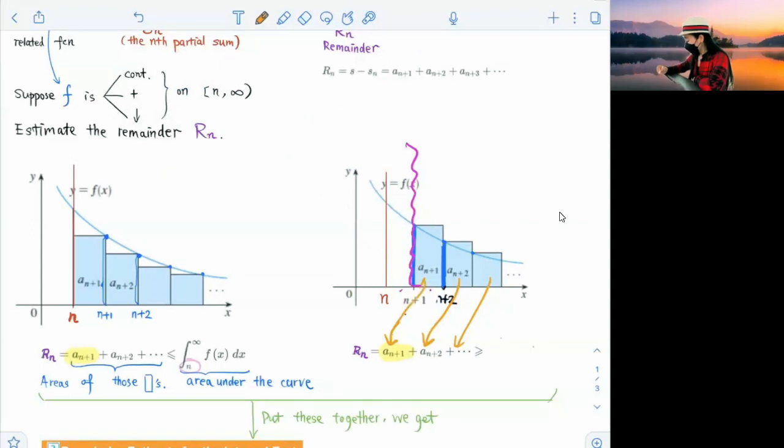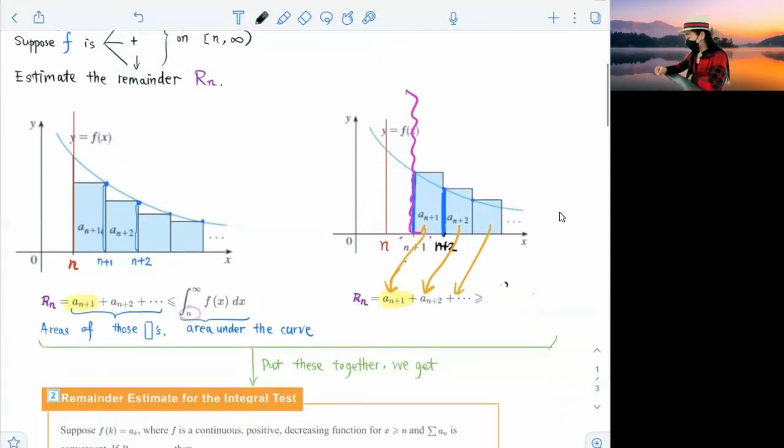So the sum of the rectangles is bigger. And what's the area under the curve from this index on? If you want to express that using an integral, what would that be?